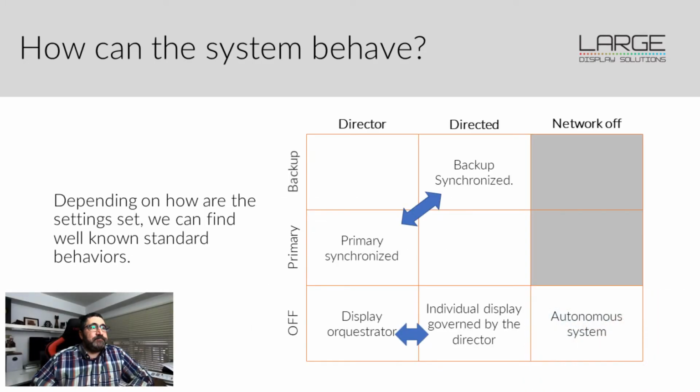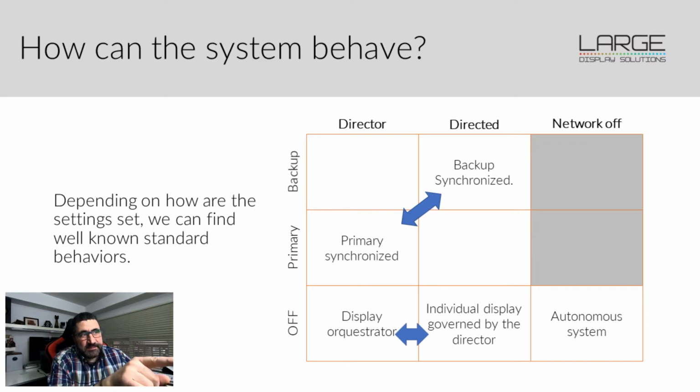As you can see here, we can be director, directed, or we can be without working with the network, the same as primary, backup, or neither primary nor backup. If you don't have network, you are an autonomous system. No trouble about it.